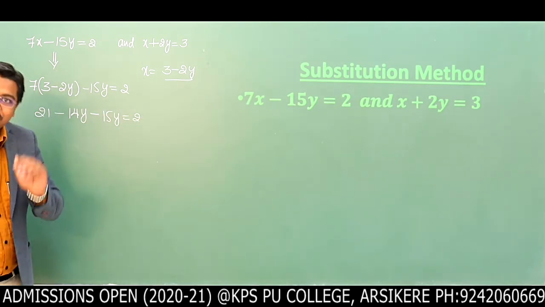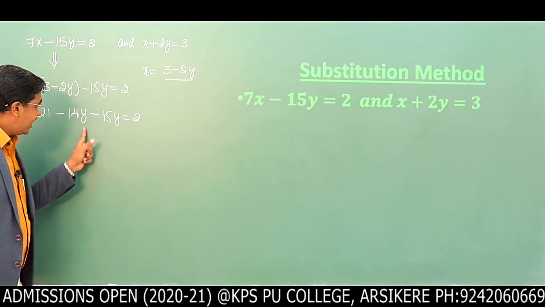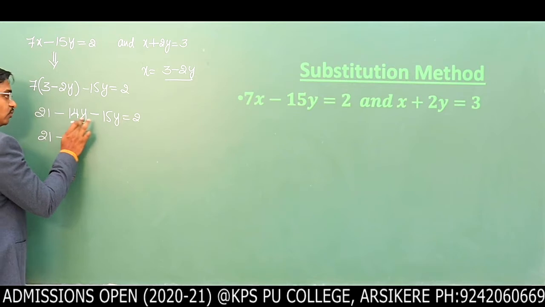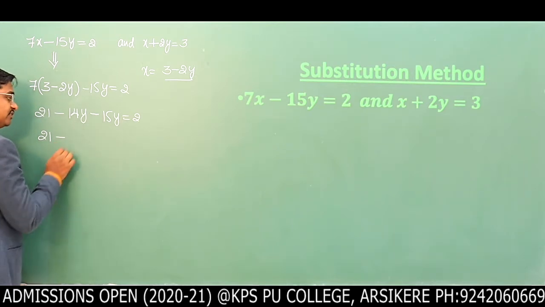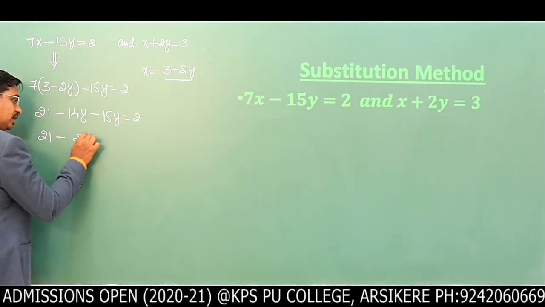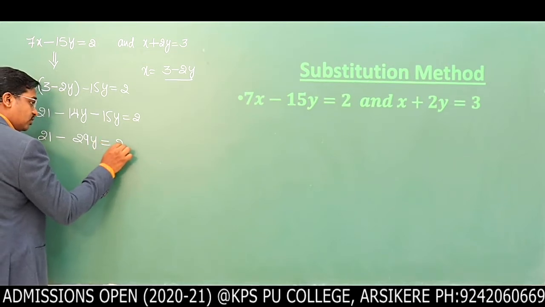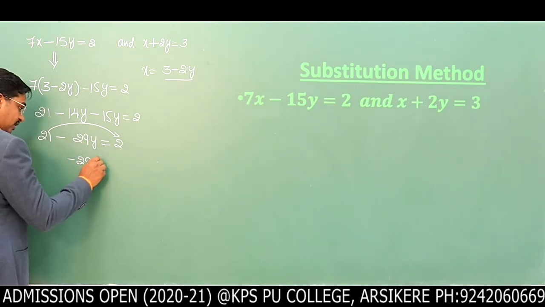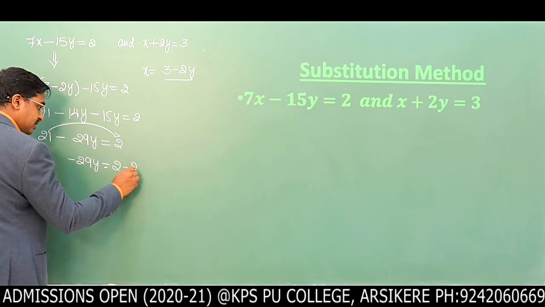Next step is simplification. We have the same terms: 21 minus 14y minus 15y, that becomes minus 29y is equal to 2. Now take 21 to the right hand side. So it becomes minus 29y is equal to 2 minus 21.